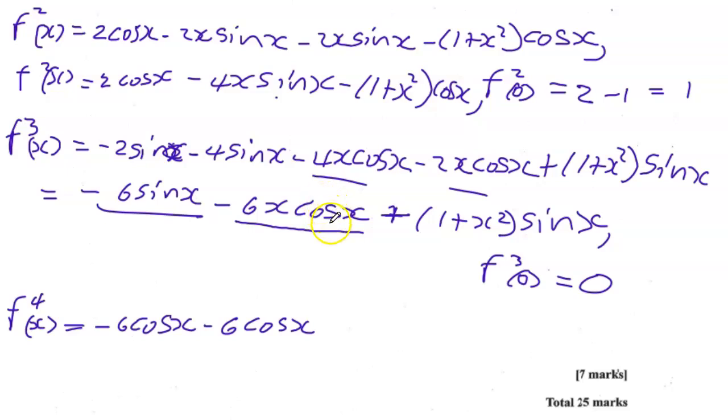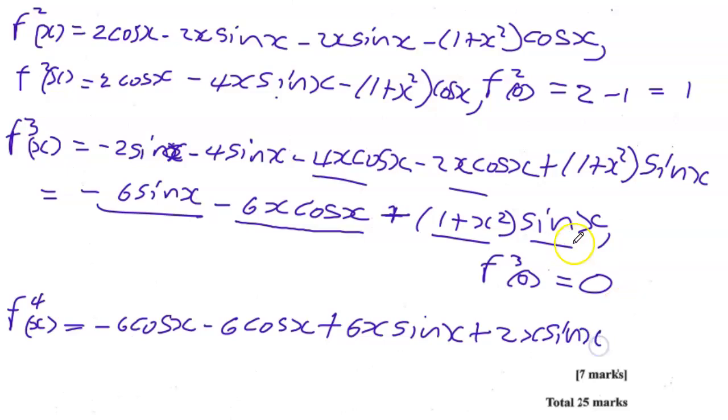We'll get negative sin times negative 6x. So that's positive 6x sin x. And then the final term, differentiate 1 plus x squared. We'll get 2x, product rule again. We'll keep the sin x. And then we alternate, plus, we'll keep the 1 plus x squared and differentiate sin x, we get cos x.